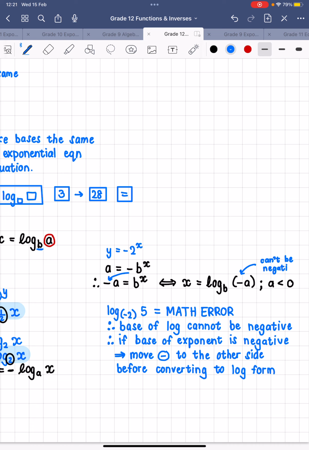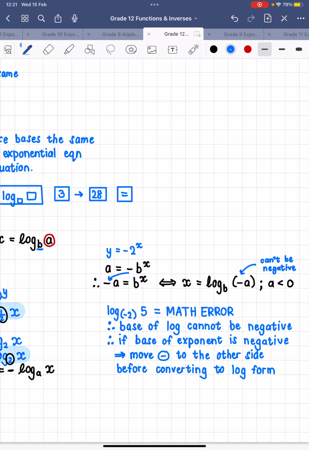I almost don't want to say it because I don't want to overwhelm you guys, but I feel like I can't just leave this notation not fully written. So if you have a negative a, but now I'm telling you that a is 1, then that means that you have negative 1 in that bracket. So if you type log, put a 2 in there and a negative 1 in the bracket, it will also come back as a math error.